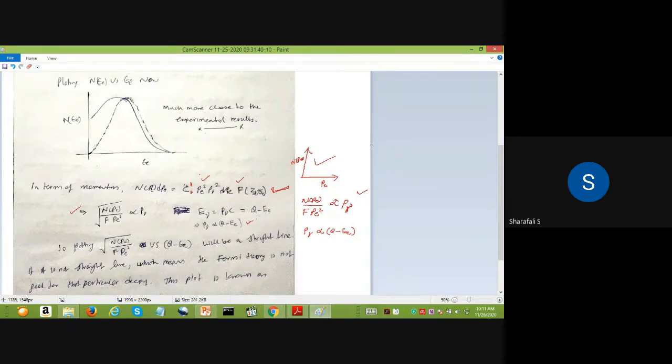So it will be Q minus E. And then we can say that this P nu is proportional to Q minus E, because this is a constant. And if you take this to the other side, then you can say P nu is proportional to this term. So the Q value also is constant, so it is only dependent on EE, which is the electron energy which is coming out of the decay process, or the positron.